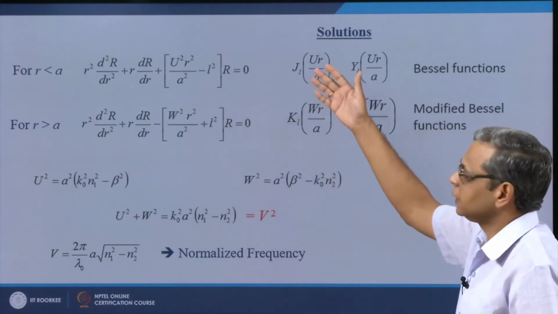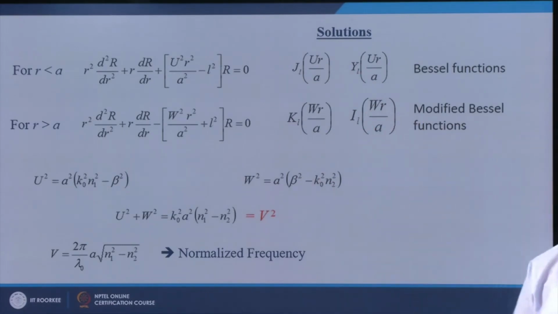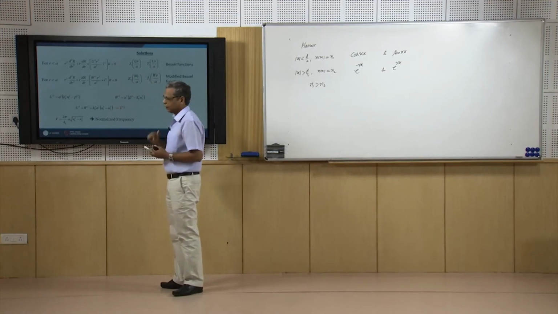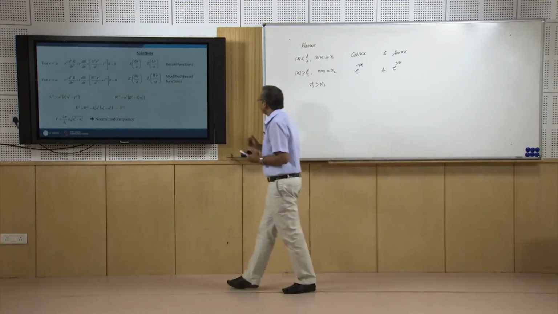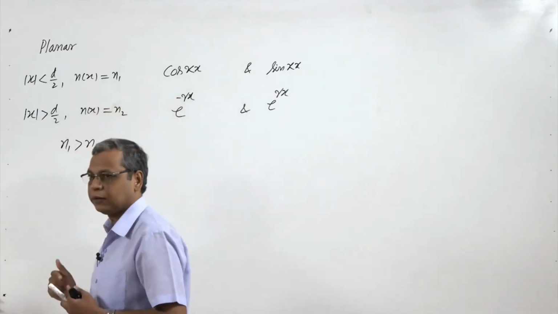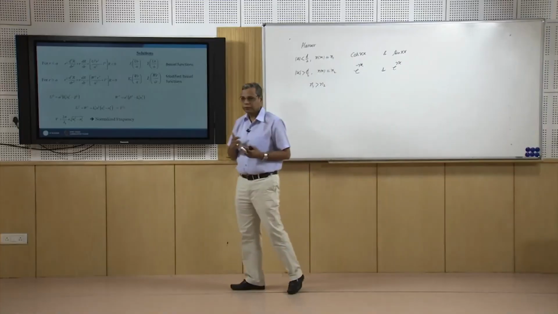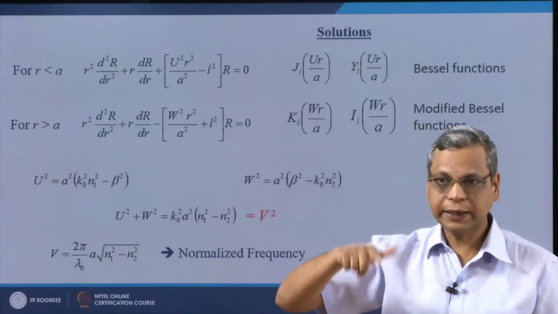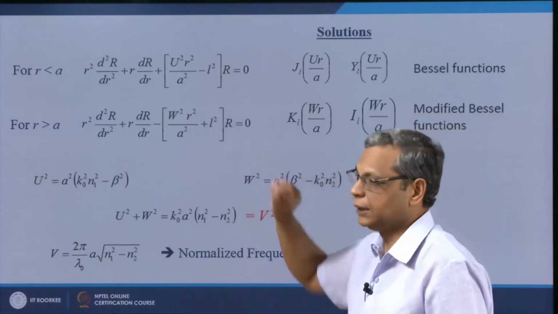So, these are a family of functions j l, y l, k l, i l. However, in planar waveguide I did not have this kind of situation because the confinement was only in one direction. Here the confinement is also in phi direction. So, from there this L is coming.